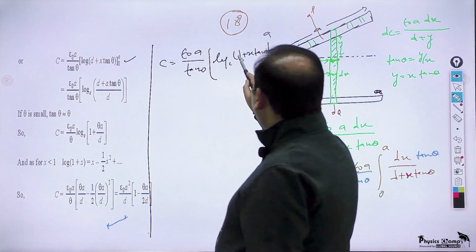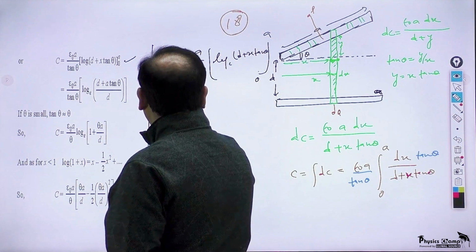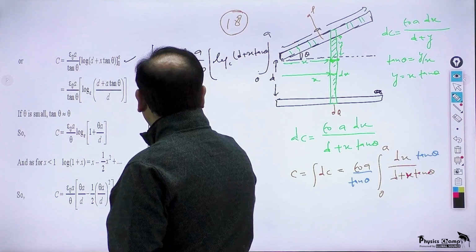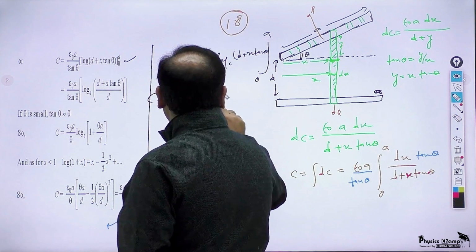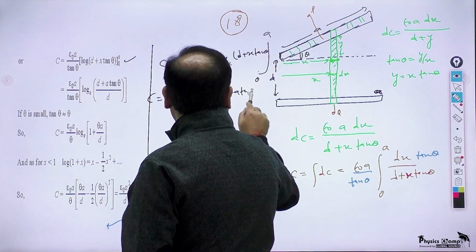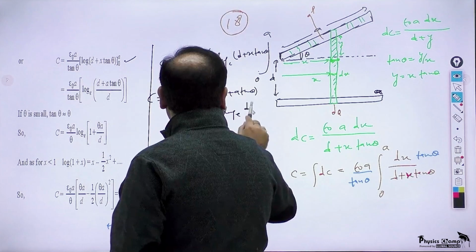Now let's put in the values. The capacitance would be epsilon naught a by tan theta into log base e of d plus a tan theta, minus log base e of d.